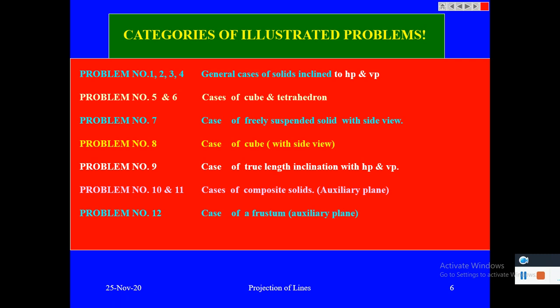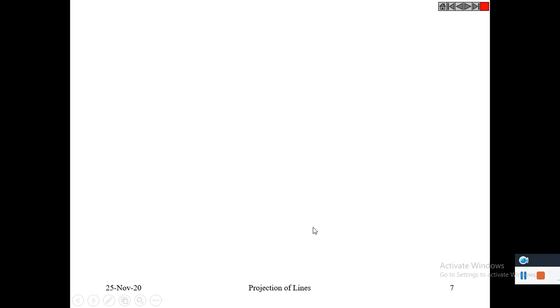Problem 8 is a case of cube with the side view. Problem 9, case of true length inclination with HP and VP. And problems 10 and 11, cases of composite solids in auxiliary plane. And the last problem, problem number 12, case of frustum in auxiliary plane.